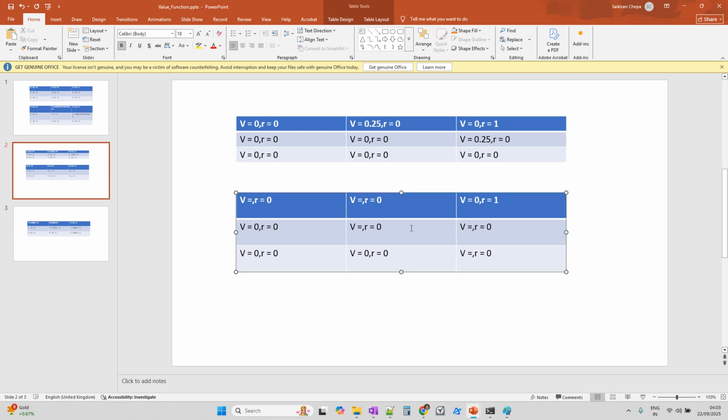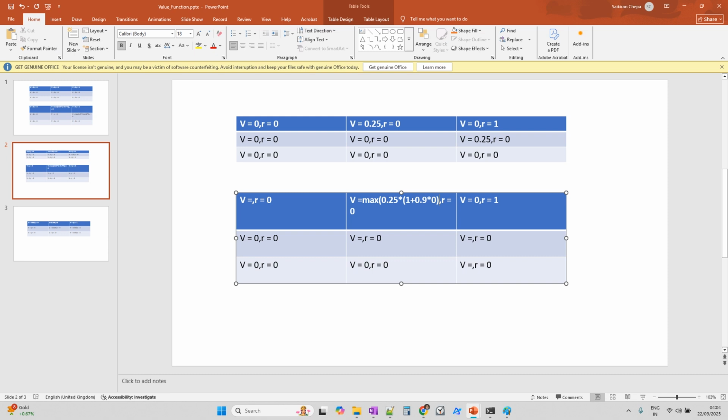Now next we will calculate for iteration 2. If you see here, for this one, max of, if he goes from here to here, then that will be 0.25 into 1 plus 0.9 into 0.